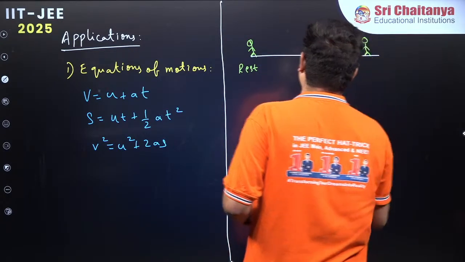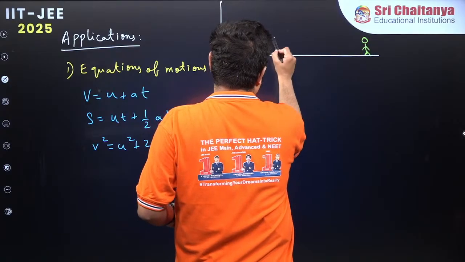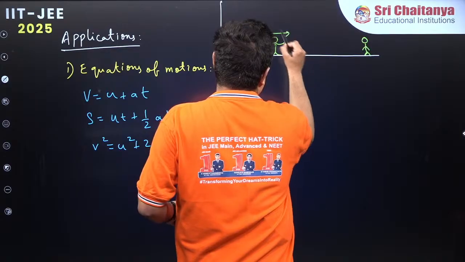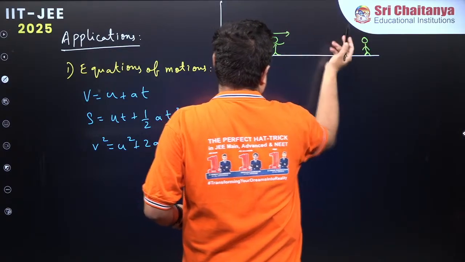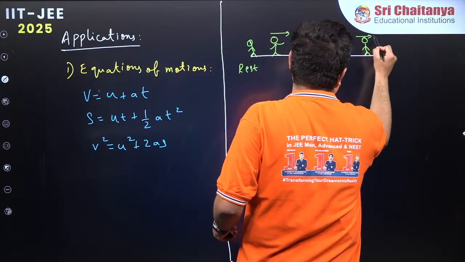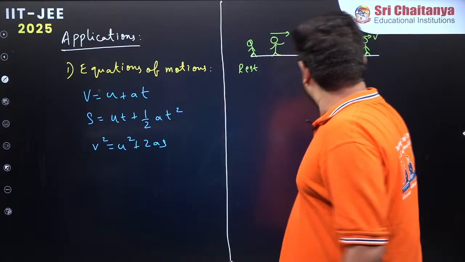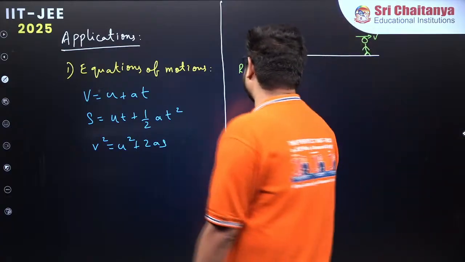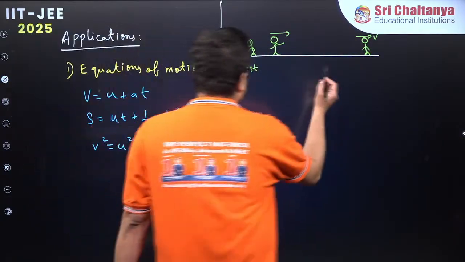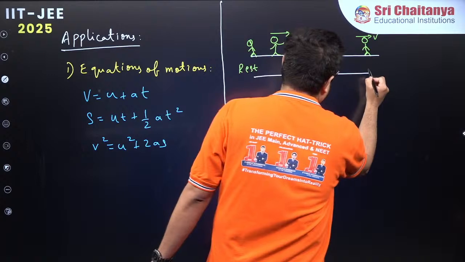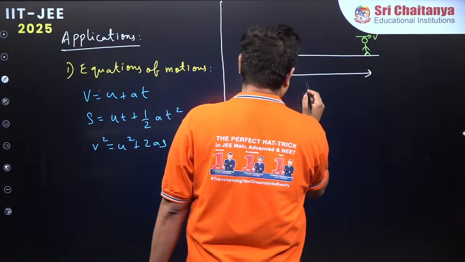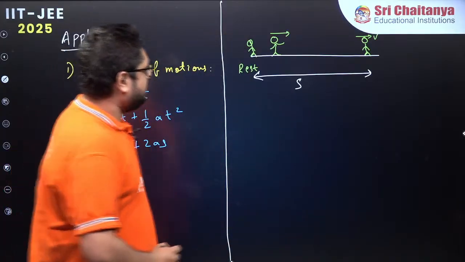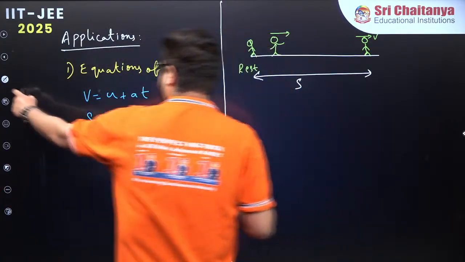While he was running, he acquired some velocity v. It was measured that at this point he had some velocity of v. Now, if this boy travels a displacement of s, S is the displacement. And let's say he was not at rest.